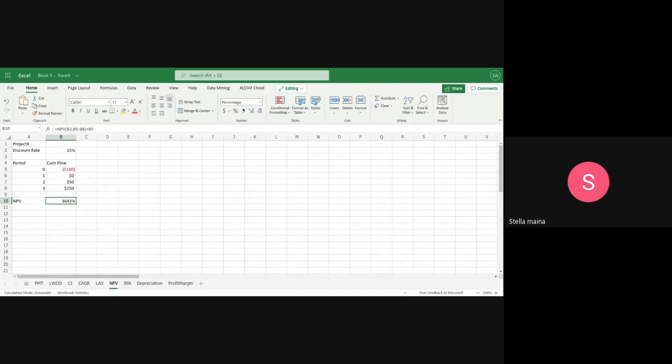So a positive net present value, like in our case, indicates that the project rate of return exceeds the discount rate. In other words, it is better to invest your money in project X than to put your money in a high yielding savings account that has an interest rate of 15%.